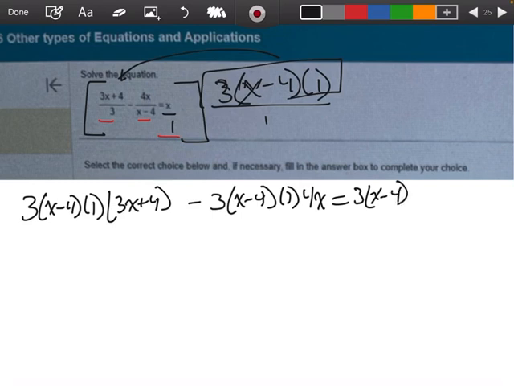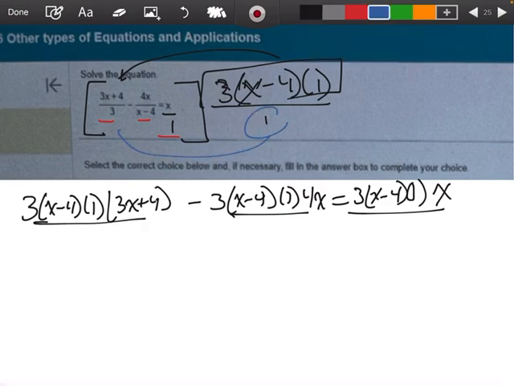And then 3, x minus 4, and 1, and next to that an x. Remember, the bottom parts get multiplied by 1, so that stays a 3, an x minus 4, and a 1.